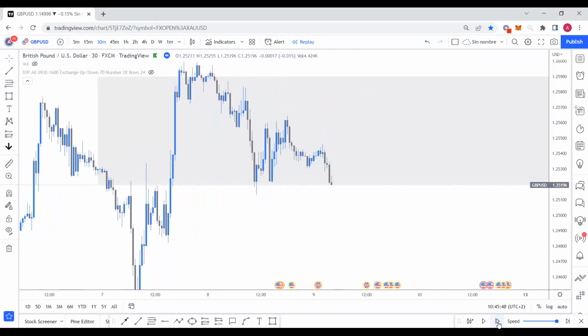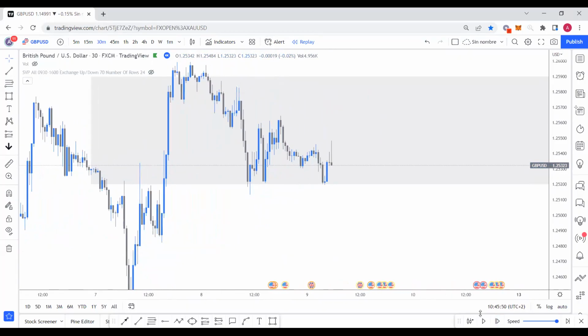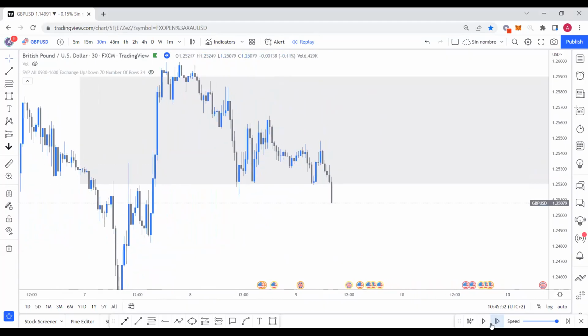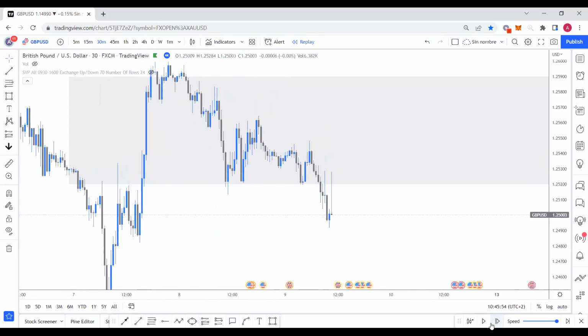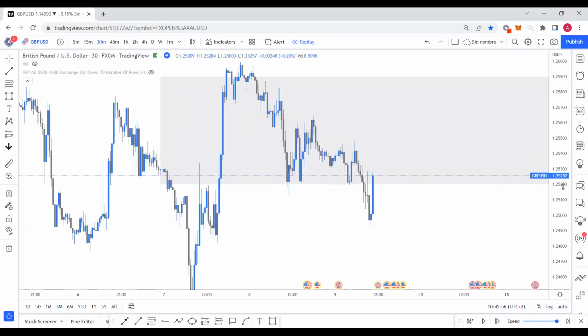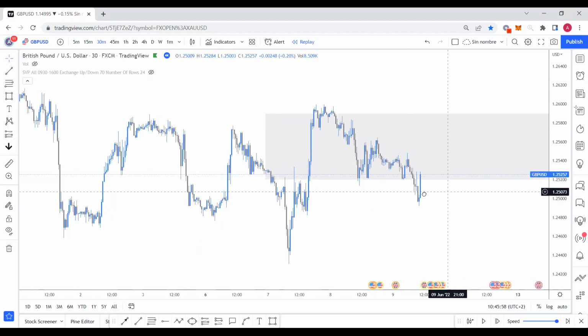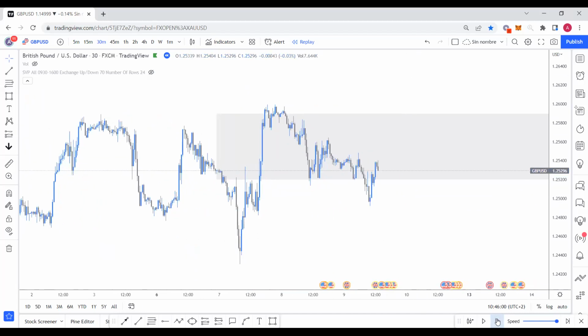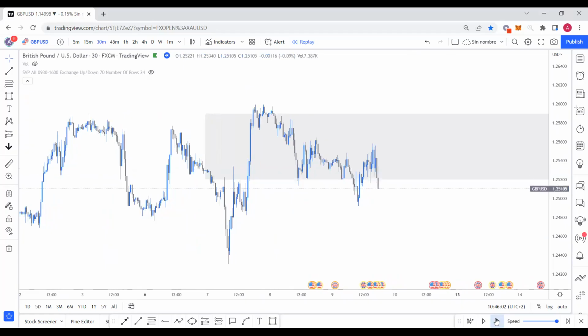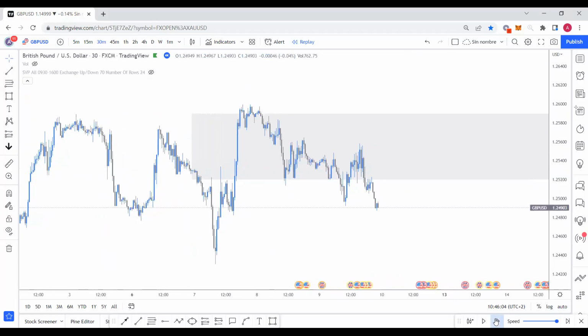You can always look at trading the filling of imbalances as well. Now let's see how this plays out, just for curiosity.